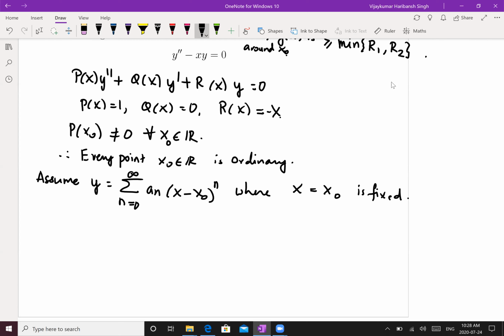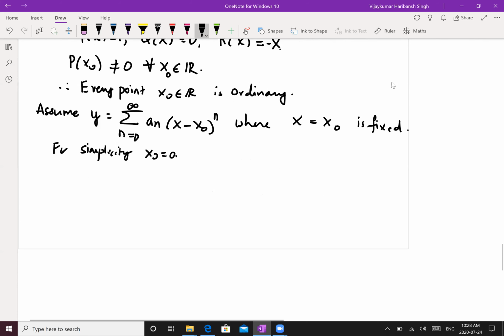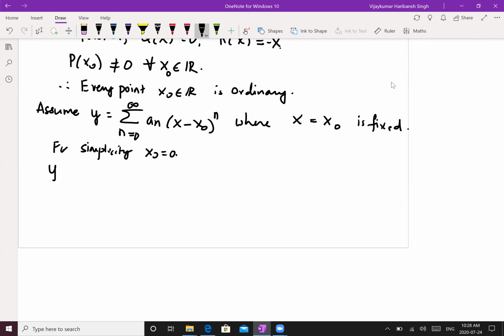Now note that instead of working with x naught, for simplicity we'll take x naught to be 0 to illustrate the point. So we have y of x equals the summation n equals 0 to infinity of a_n x to the power n.